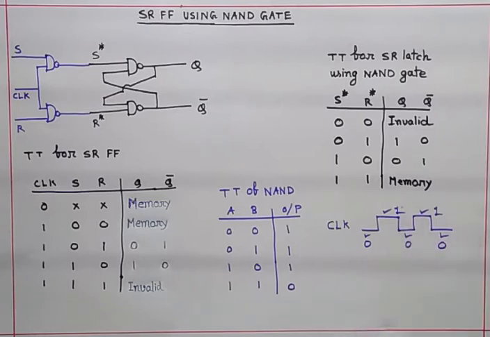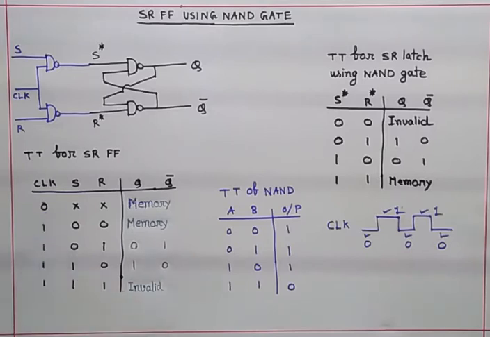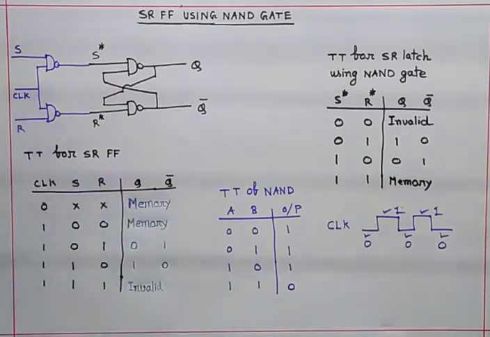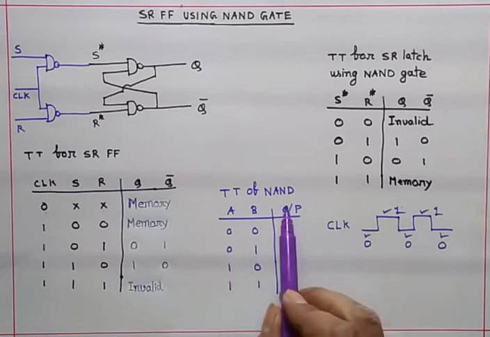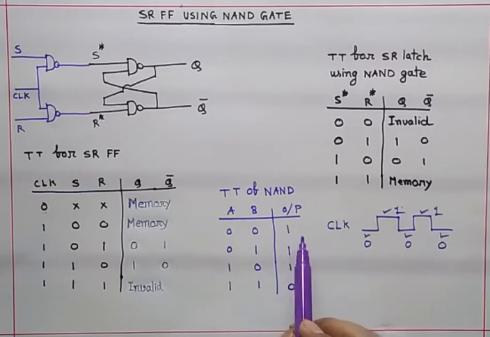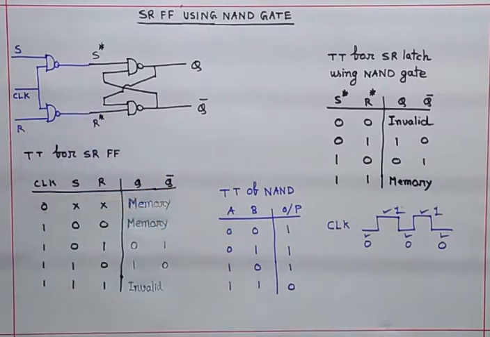So first I am taking the clock as 0. So what will happen? You are giving the input 0, and now you know that in case of NAND gate, if any one input is 0, then output is 1. That means the outputs A star and R star both will be equal to 1.